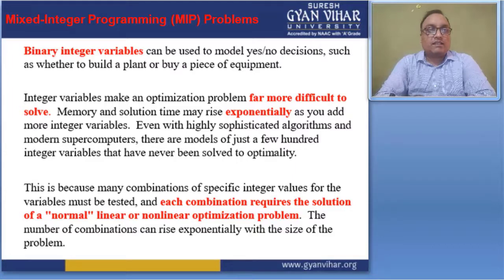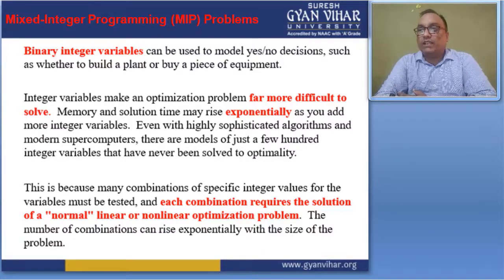Only a model with hundreds of integer variables can be used for this case, and this is because many combinations of specific integer values for the variables must be tested.